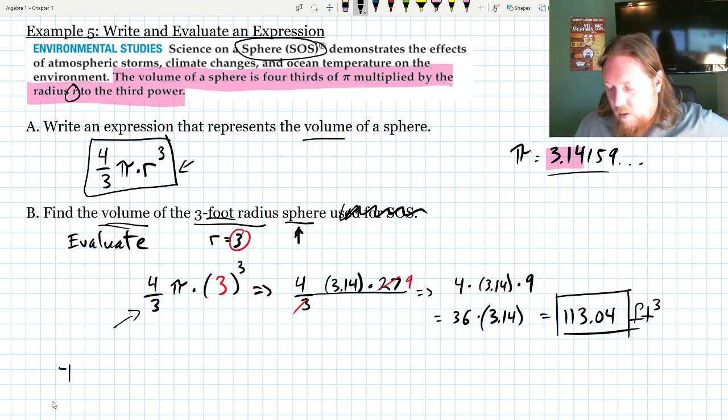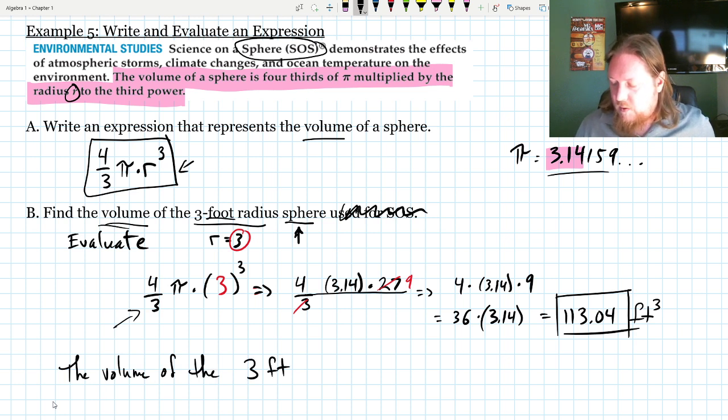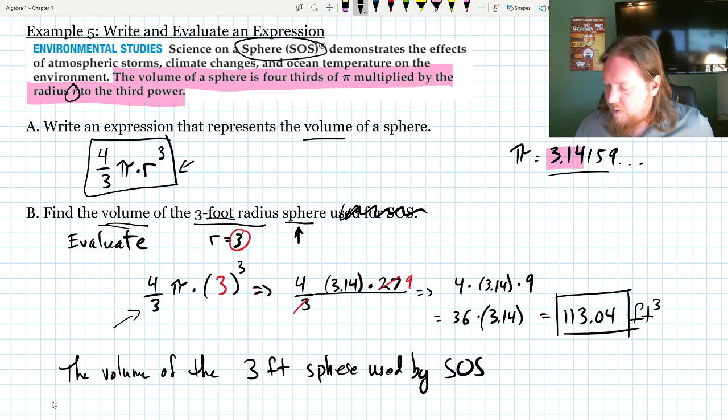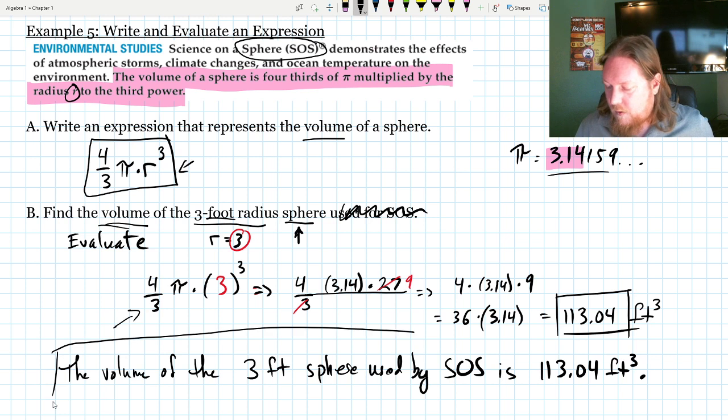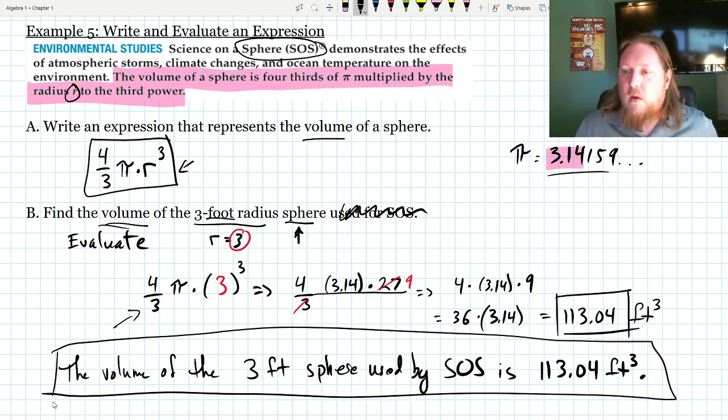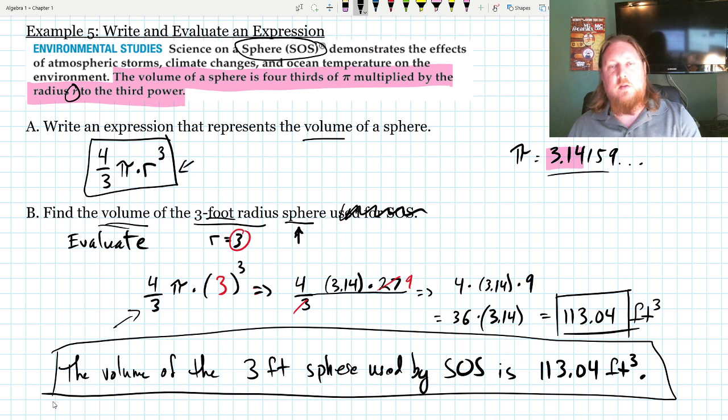The volume of the 3-foot sphere used by SOS is 113.04 feet cubed. And that is how you should express that answer.